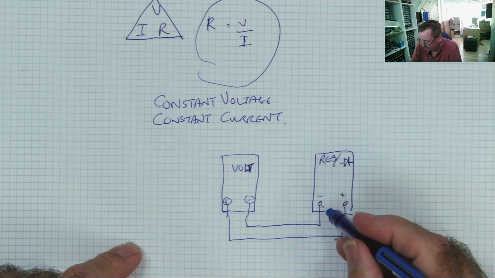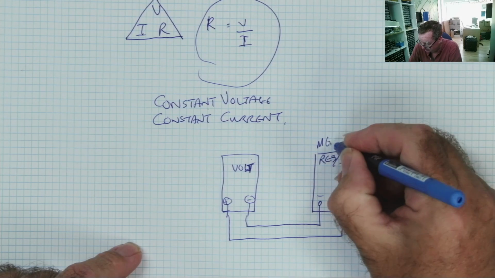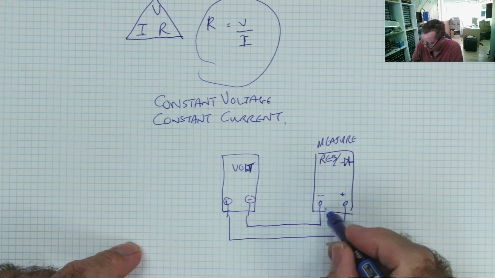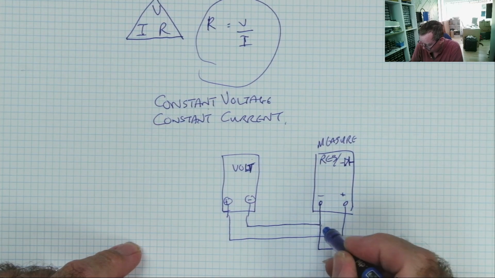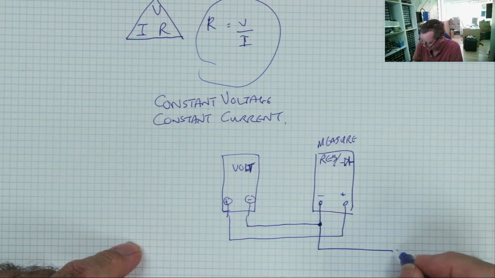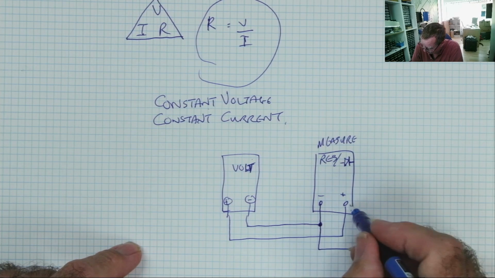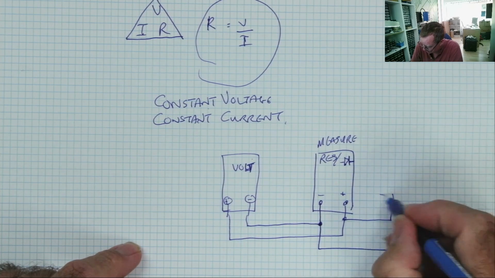So now from the meter I'm measuring with, this is the measure, I need to connect my probes. So I have my black probe connected together there. And the red probe I have connected from here, going to another multimeter.